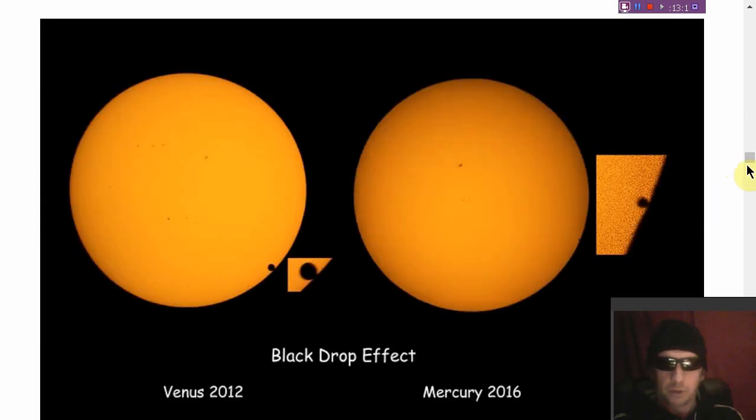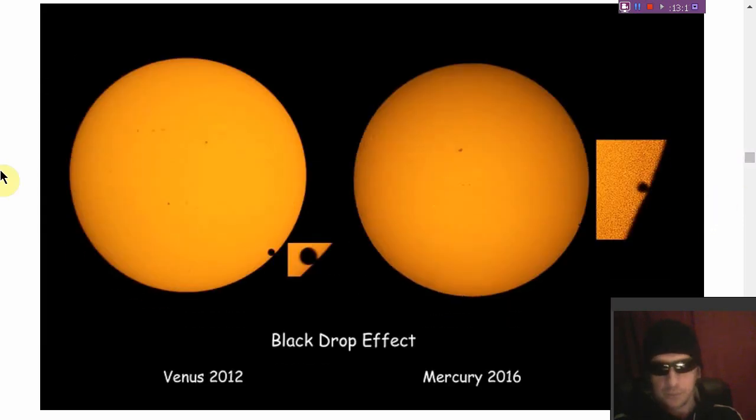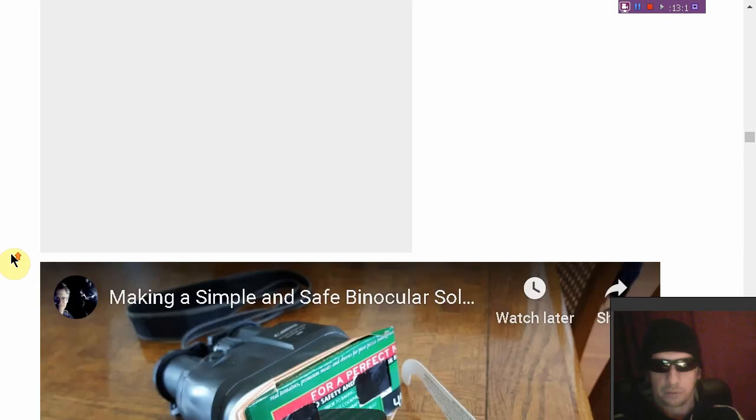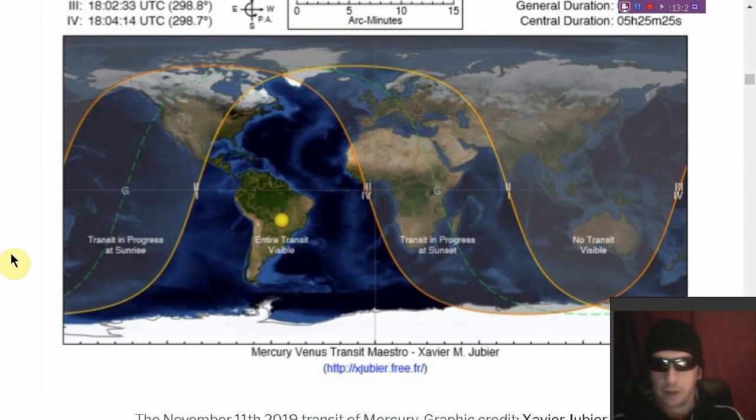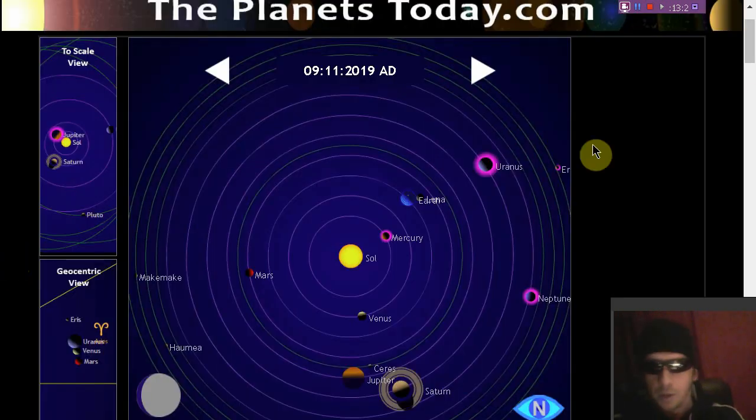Don't do it the wrong way, do it the right way. Use the proper instruments like solar filters. If you've got a telescope with solar filters, please take some footage and send it to us, and we will cover it.